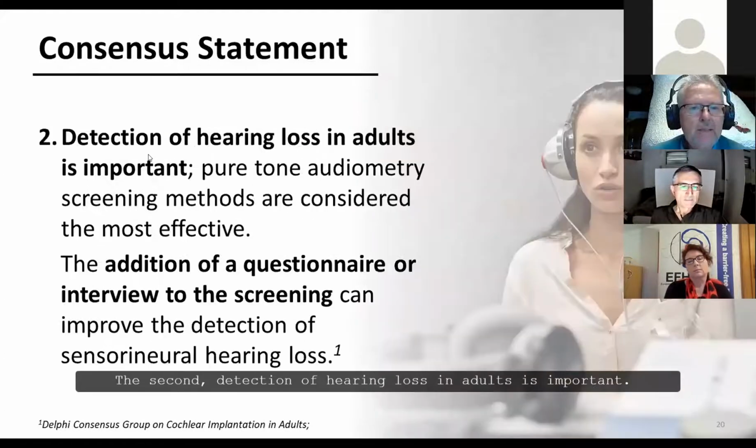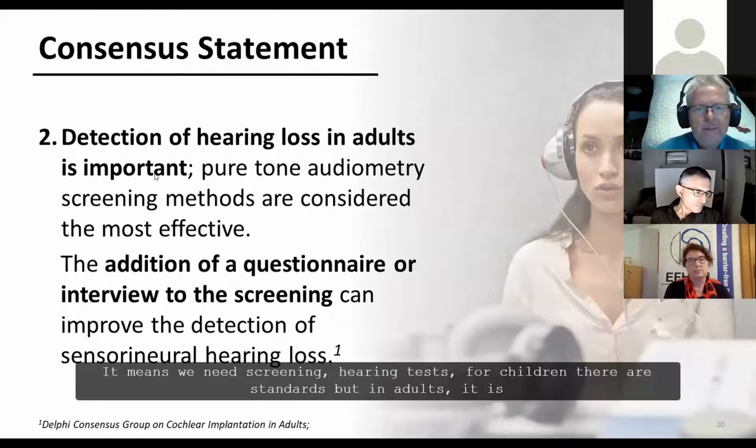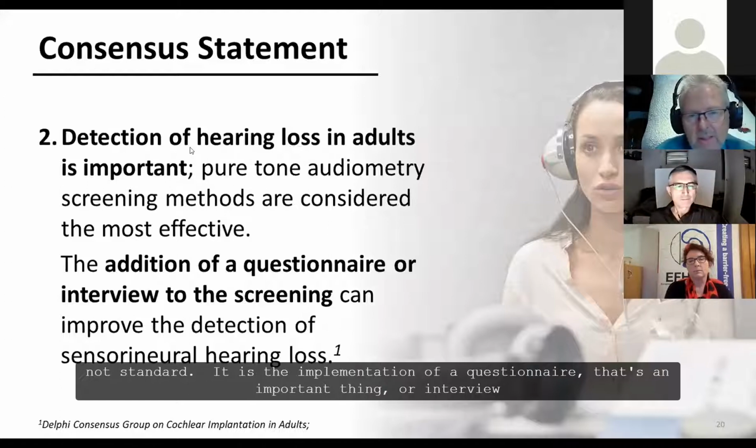And the second is that detection of hearing loss in adults is important. That means we need screening hearing tests. For children there are usual standards, but for adults there is no standard to make, for example, a pure tone audiometry and other methods.